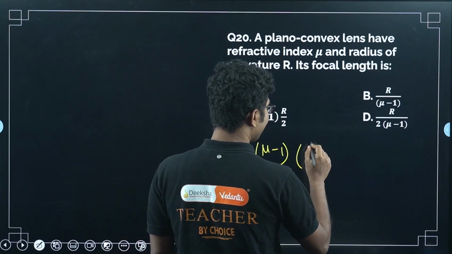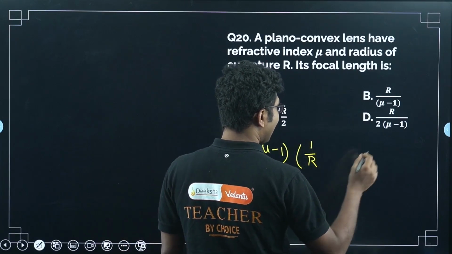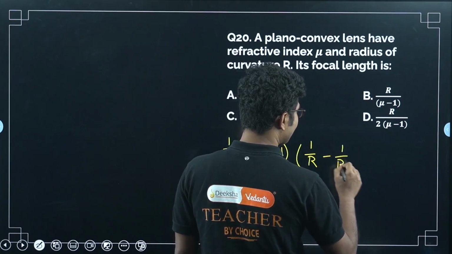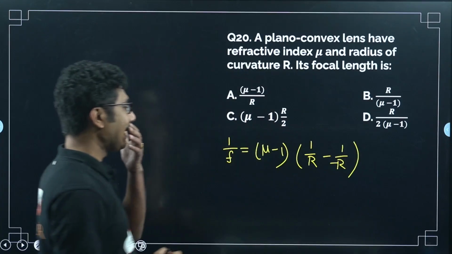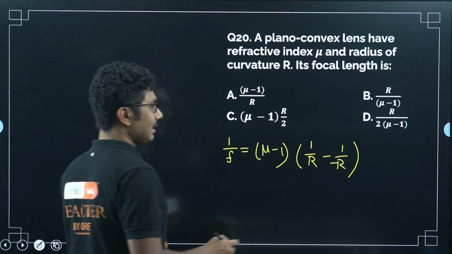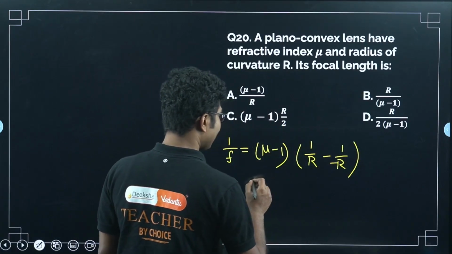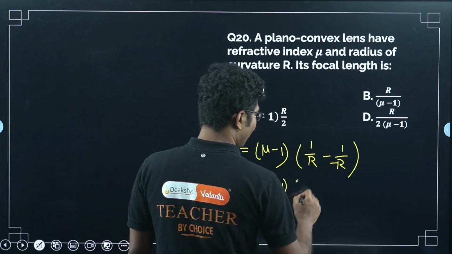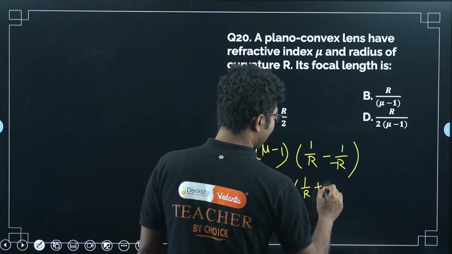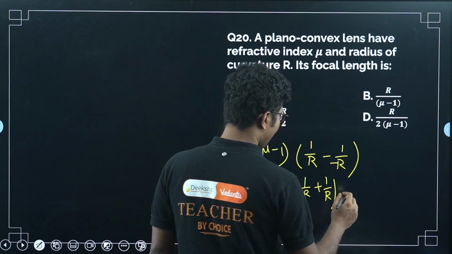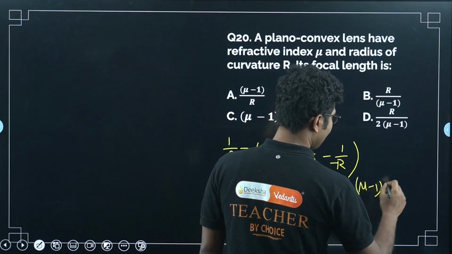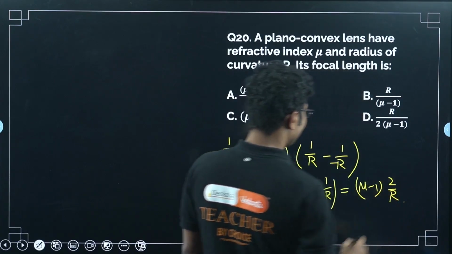For an equiconvex lens, both sides are equal, and one side is negative of the other, so we can write minus r. So (mu minus 1) times (1 by r plus 1 by r). 1 by r plus 1 by r is 2 by r. So (mu minus 1) times 2 by r is 1 by f.